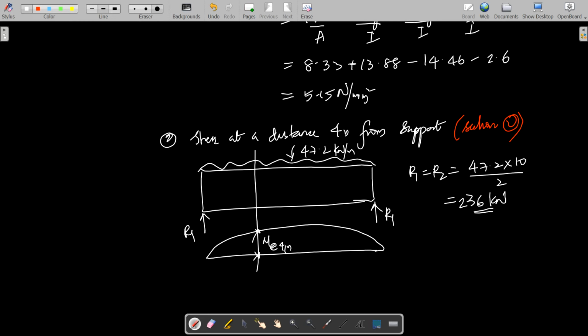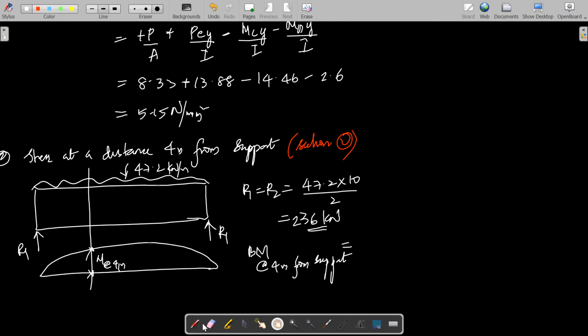That is the total load, which means the bending moment at 4 meter from support, I can write it as 236 into 4, R1 into X, that is 236 into 4 minus WL square by 2, that is 47.2 into 4 square divided by 2.